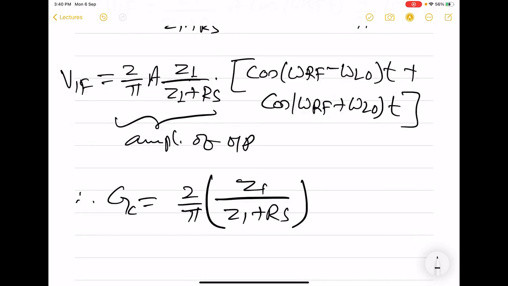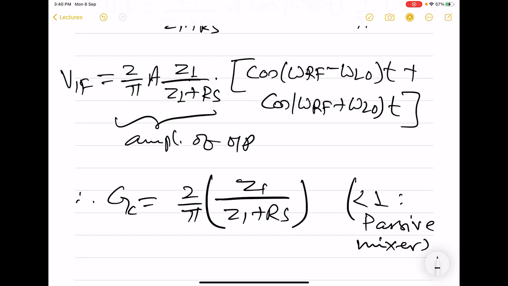So this is the conversion gain, and of course this is also going to be less than 1. So this implies this is going to be a passive mixer. So this is a single balanced passive mixer.